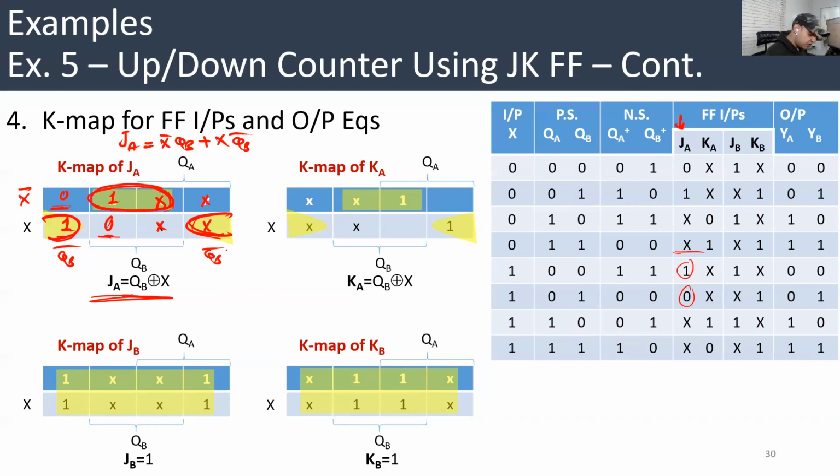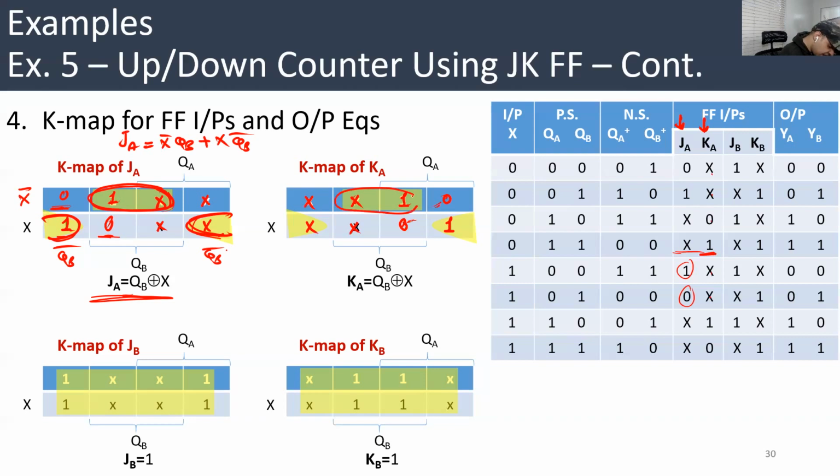Now let's do KA, because surprisingly it will lead to the same equations. So XX01, XX01. Then XX10, XX10. Again, this one here has 2 adjacent zeros, but this X here can be considered 1.